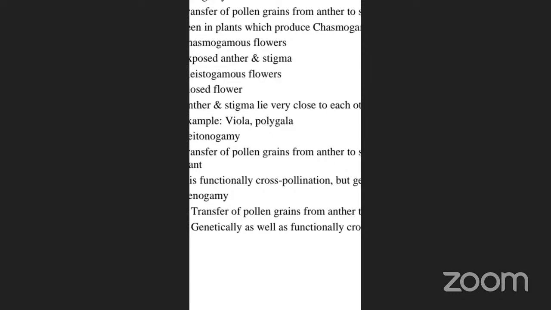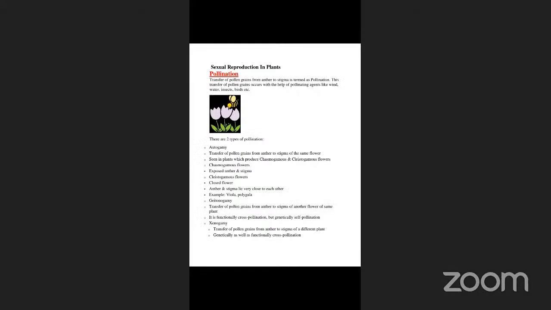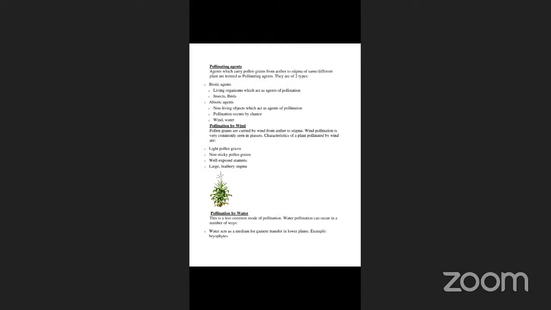Next, pollinating agents: wind, water, insects, and birds.